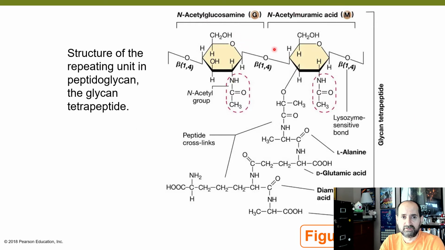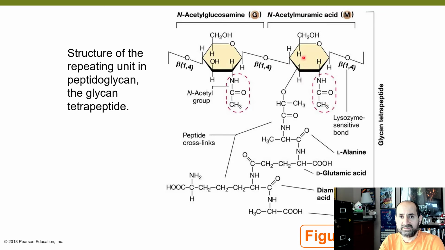Again, remember you have two sugars. These are your two modified glucose. This one's called N-acetylglucosamine. This one is called N-acetylmuramic acid. And look how they're linked together. Remember, they form a disaccharide through a beta 1,4 linkage. Okay, that's the glycosidic linkage there.